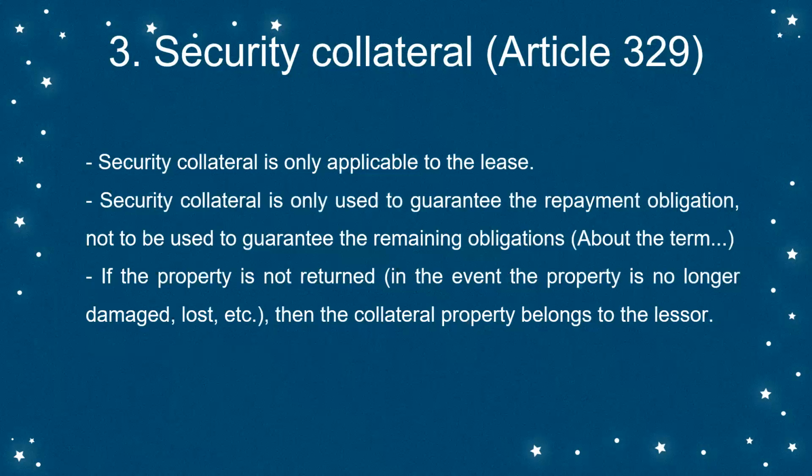Security collateral is only applicable to leases. It is only used to guarantee the return obligation, not other obligations. And if the property is not returned, or is damaged, lost, etc., then the collateral property belongs to the lessor.